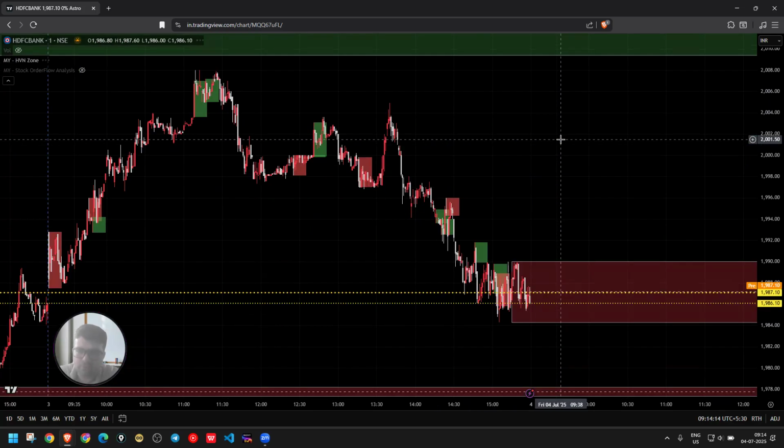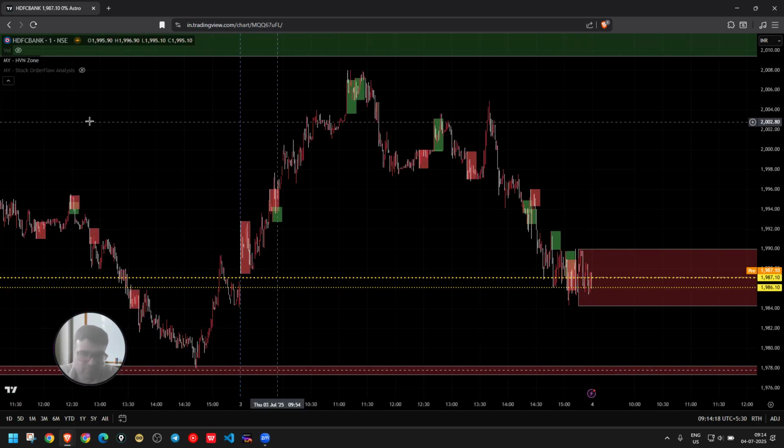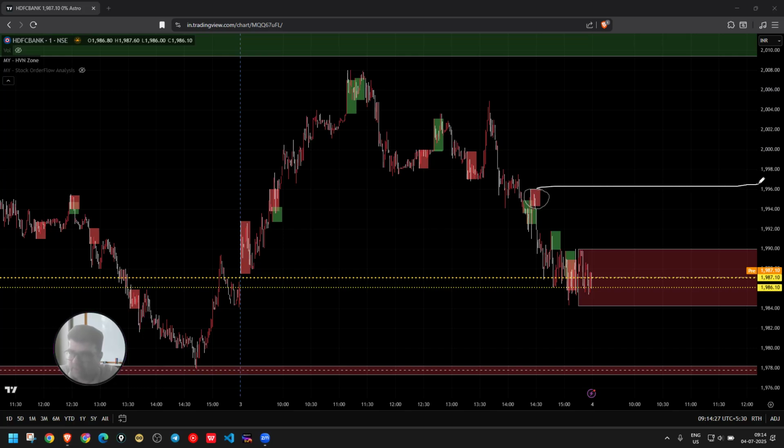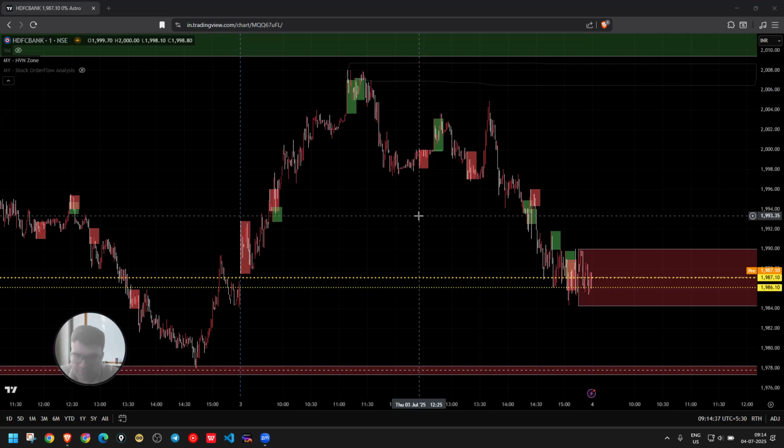I'm just going to a lower time frame, and here clearly you can get more insights and more details about areas or trade locations, right? So I'm looking for sellers to step in at this particular zone, and then more sellers trapped around the 2000 price range.